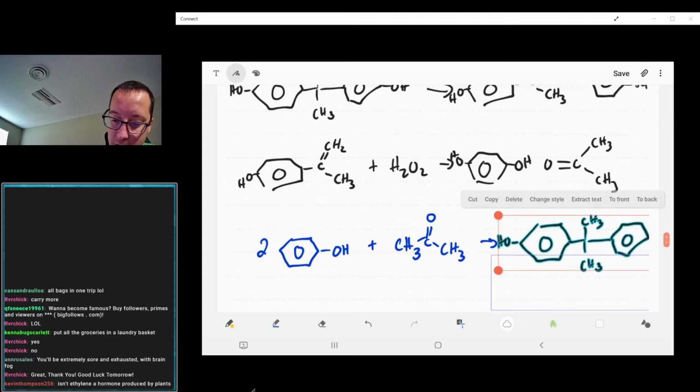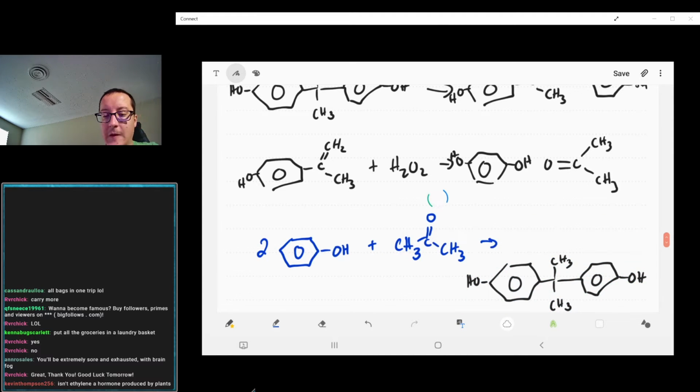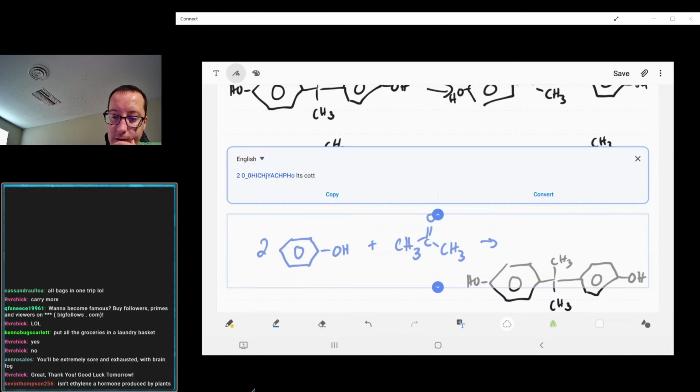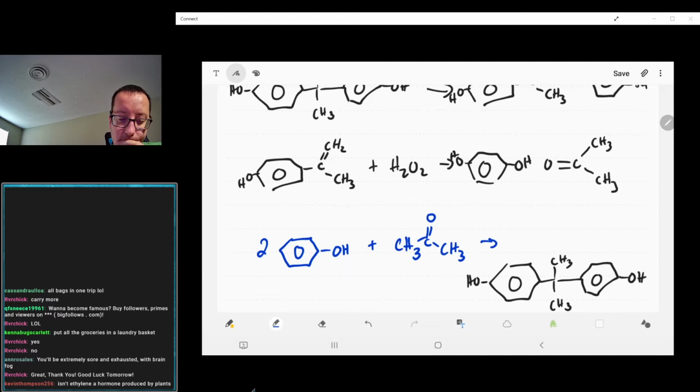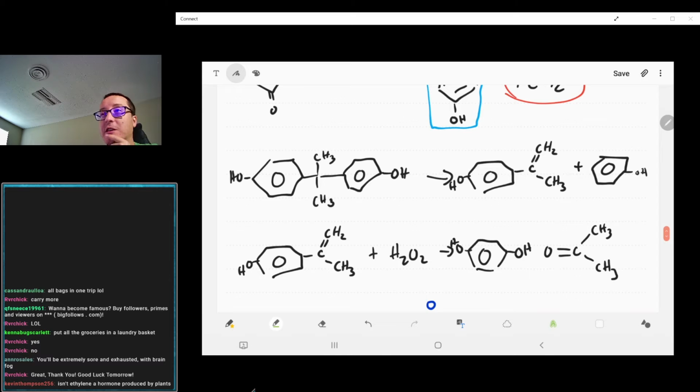Again, let's see. Yeah, there we go. Notice, if we just look at our reaction here, let's see why this is a more green example.